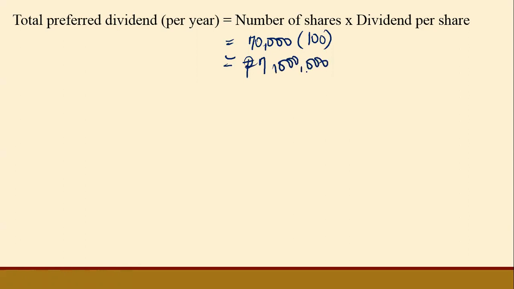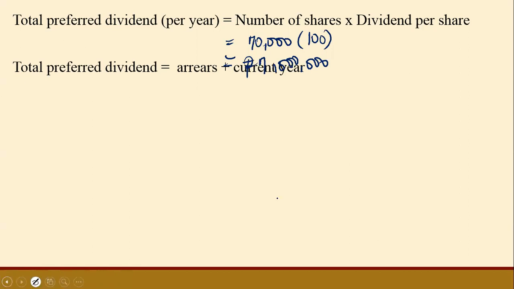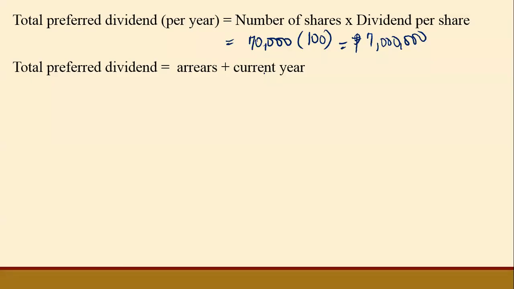So, the total preferred dividend for every year is 7 million. Another one is the total dividend, yung arrears plus the current year. So for total preferred dividend, we have the arrears, which is 7 million, di ba?